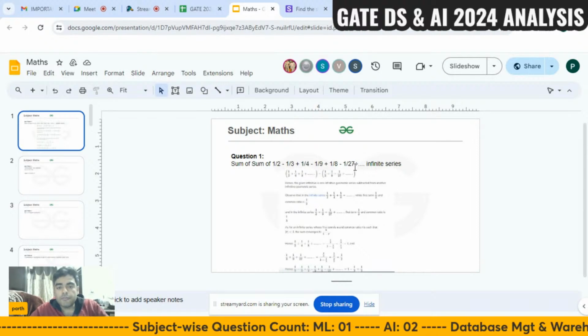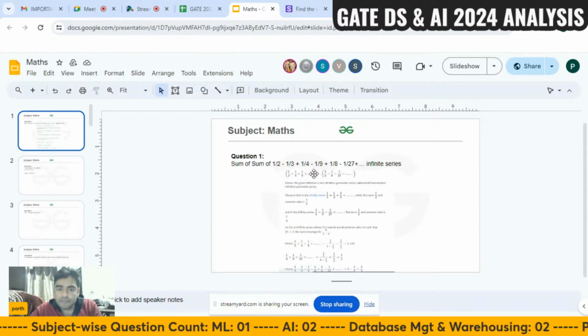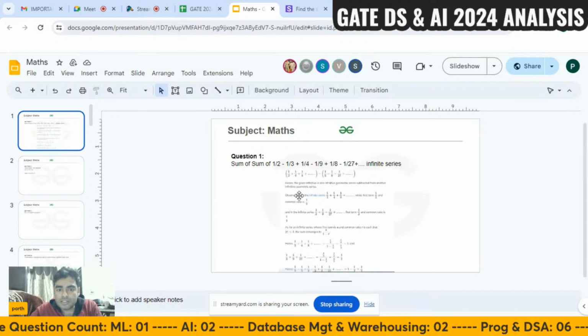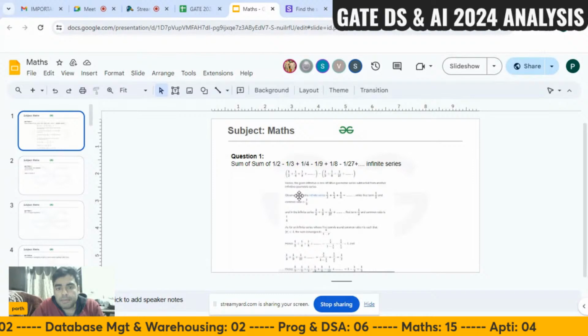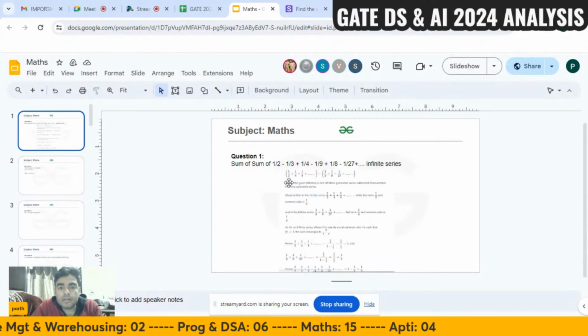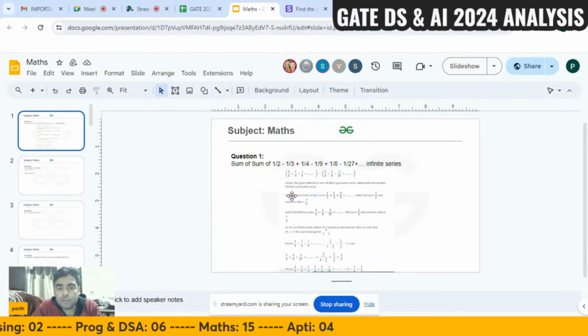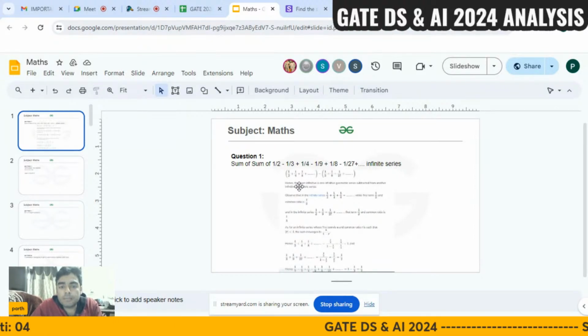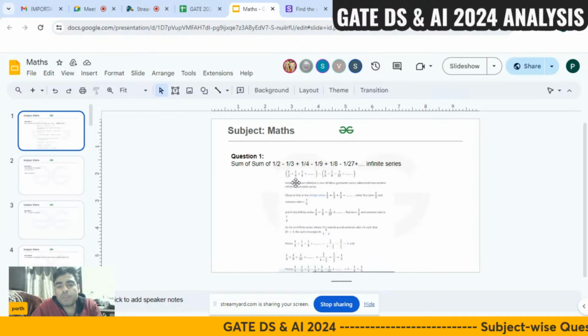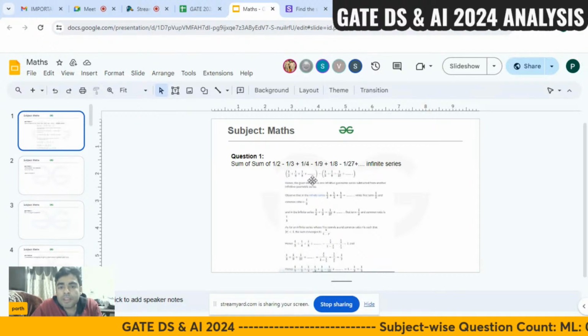If we see them carefully, the first series is an infinite series where the first term is 1 by 2, the common ratio is 1 by 2, and we know the formula A upon 1 minus R. By applying this formula, we can get the sum of the first bracket, then minus.